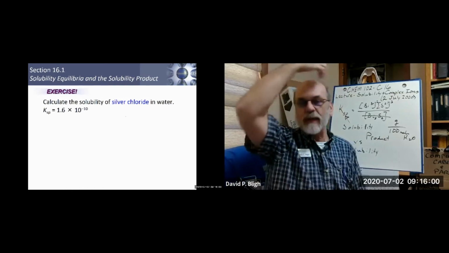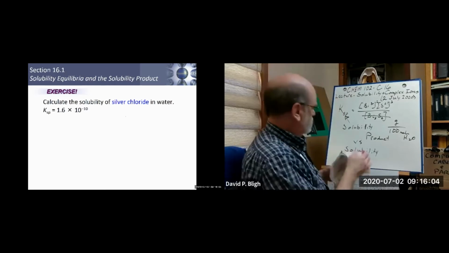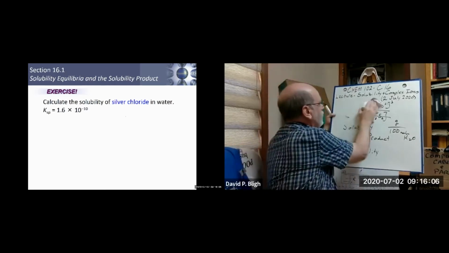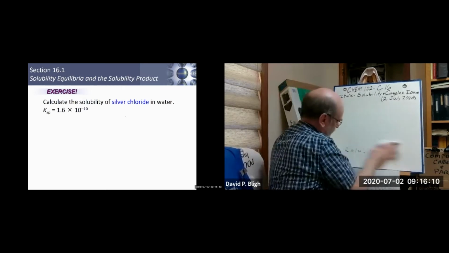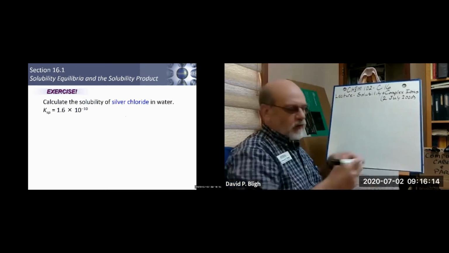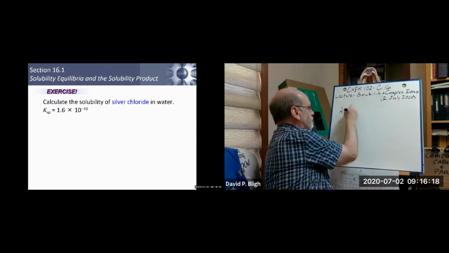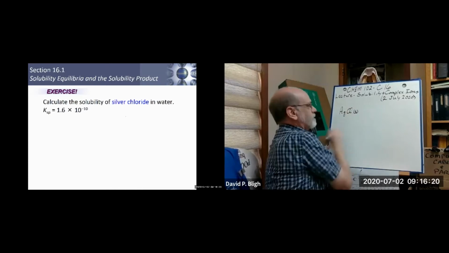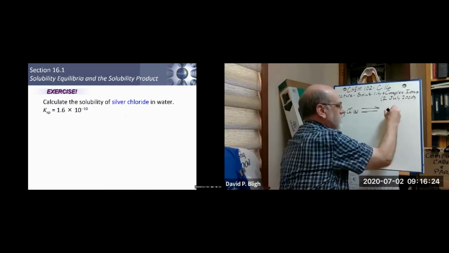So let's take an example. Let's say that we have silver chloride. We're going to write silver chloride as a reactant, and in aqueous solution, it would dissociate into these two ions.